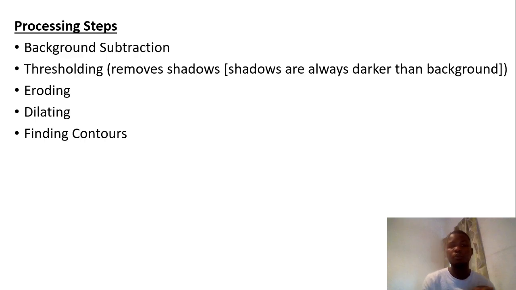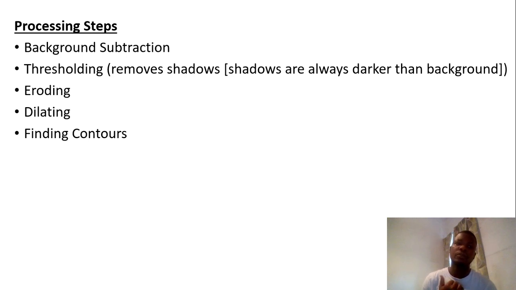Anything that is moving is the foreground. Then the next thing is thresholding. Thresholding basically removes shadows. Wherever there is movement, there are shadows, and wherever there's light, there are shadows. Shadows are easy to spot because they're always darker than the conventional background. So thresholding basically removes the shadows.